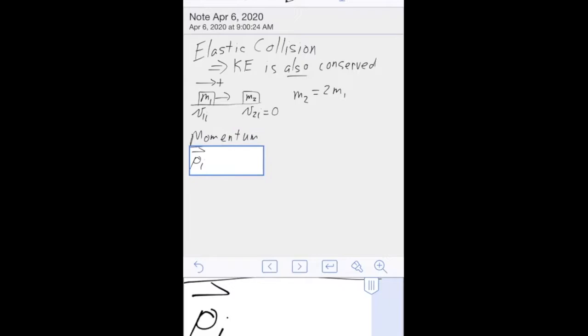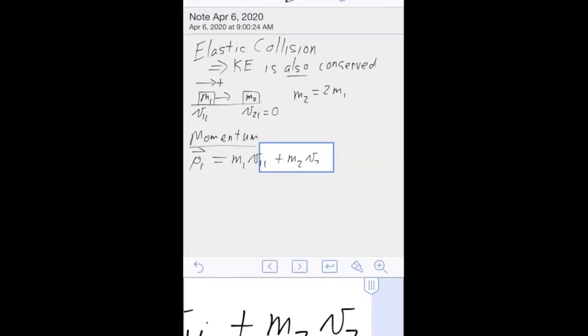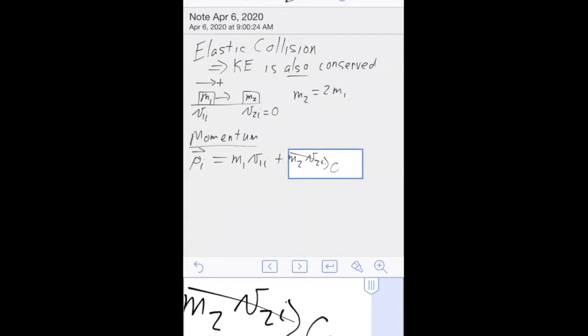So momentum initial is going to be equal to, if we have two objects, m1 times v1 initial, plus m2 times v2 initial. But in this case, we've said that the initial velocity for object 2 is 0, so that term will go away. Right, so we just have m1 v1I.